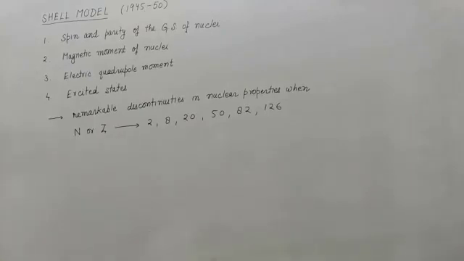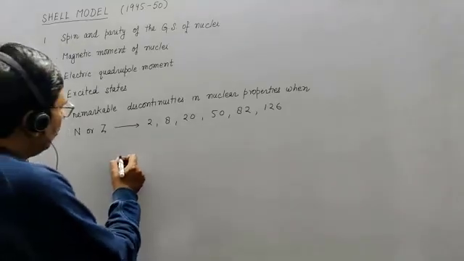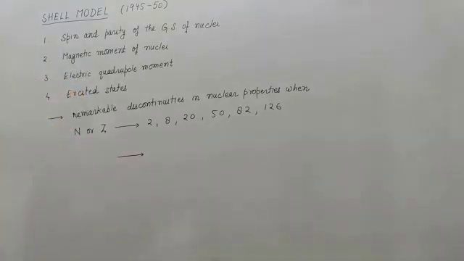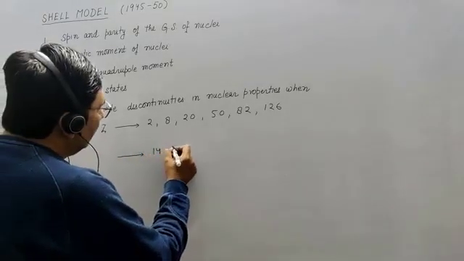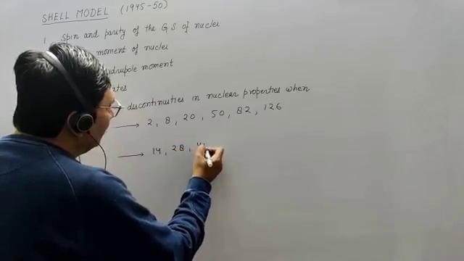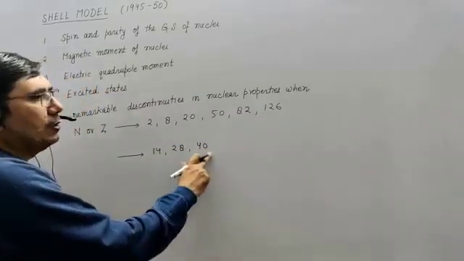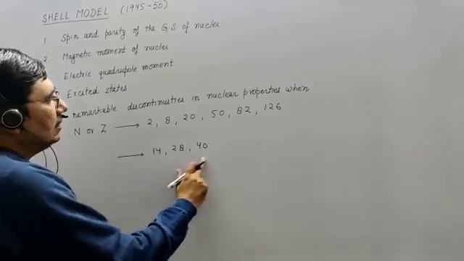There is a sharp discontinuity in the properties of the nuclei at these numbers. Apart from this, they also found that nuclei with a number of protons or neutrons equal to 14, 28 and 40 also show extra stability.